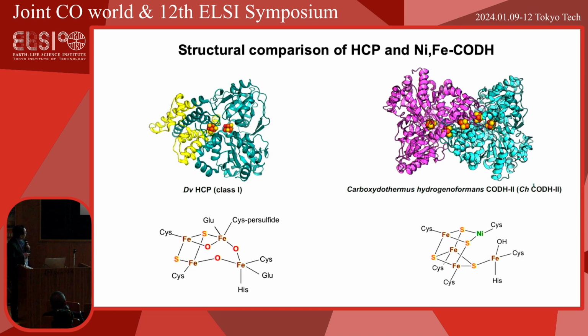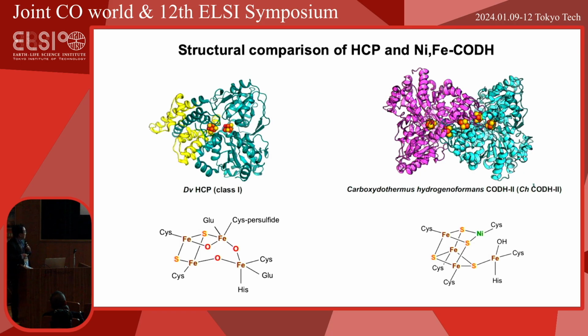I would like to note that HCP is monomeric, and the yellow colored area is a unique region only in HCP. This region is not observed in CODH. The active site structures, the metal clusters, are like here. So this site is similar.